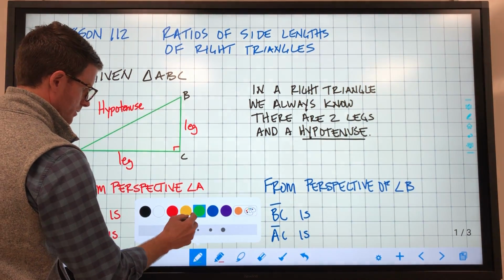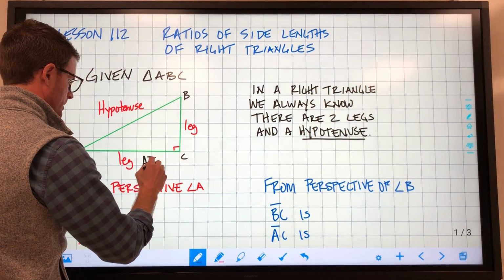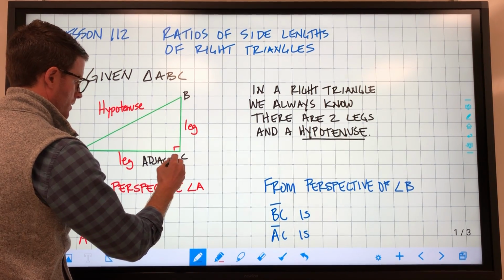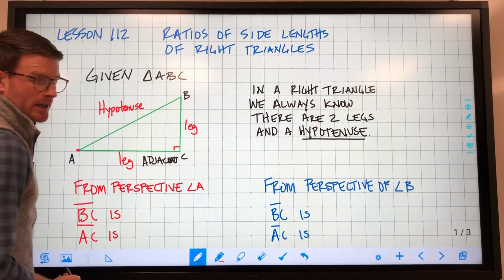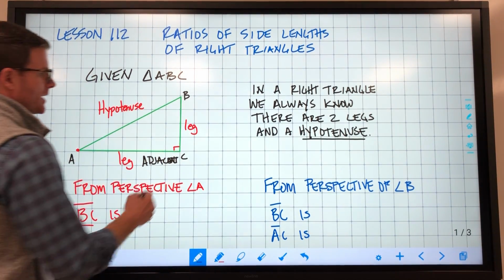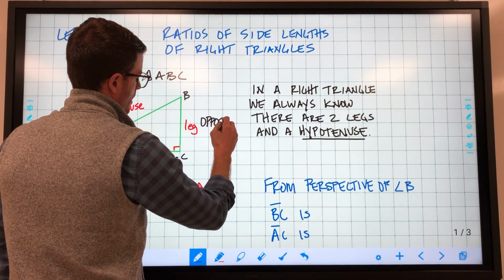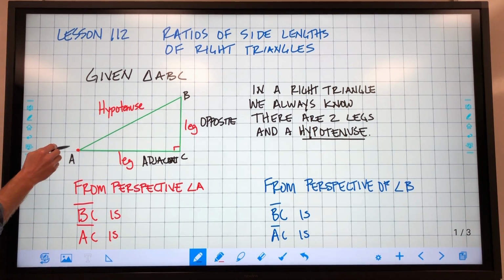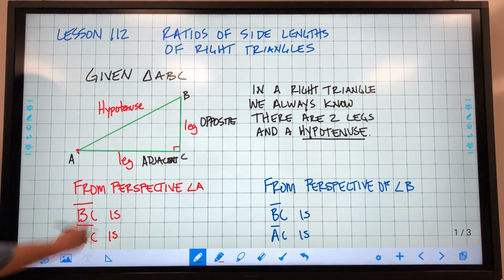So this is adjacent, the leg that is next to me. The leg that is across from me, or opposite of me, is going to be the opposite leg, okay? So if I'm standing at A, I have an adjacent and an opposite and a hypotenuse.